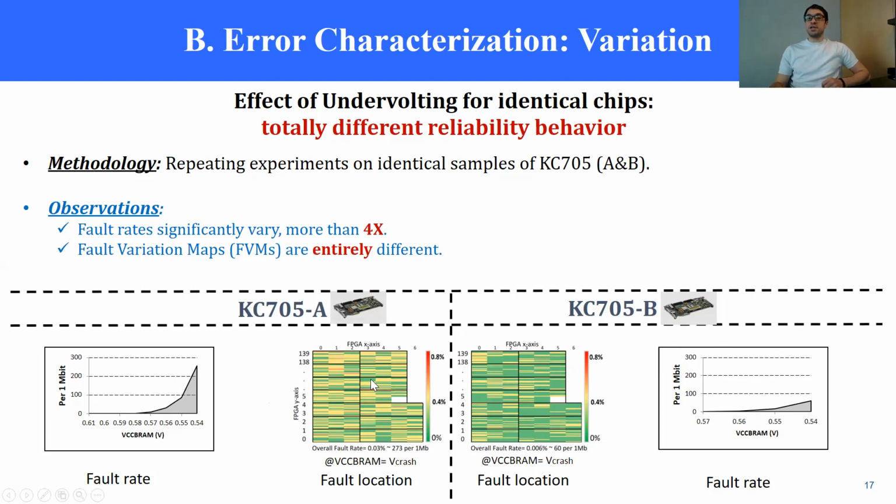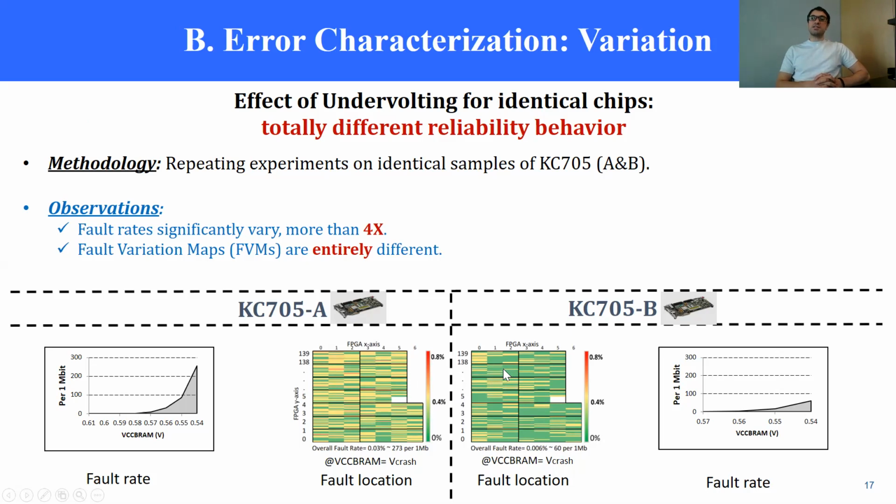There are some block RAMs which are highly vulnerable, in this case for example here, but completely low vulnerable at the identical location in the other FPGA. So not only the rate of the faults but also the location of the faults is completely different, most probably because of process variation, the die-to-die variation impact.